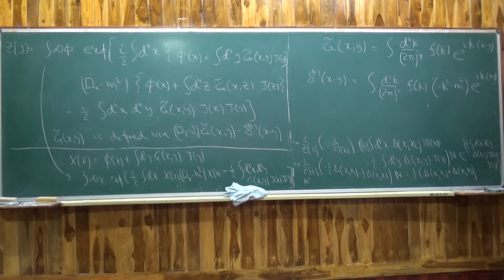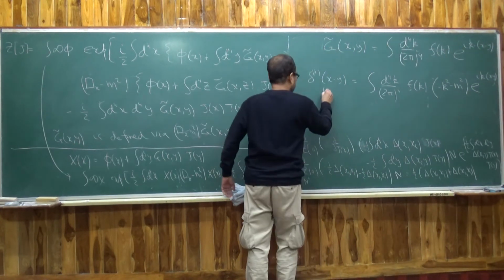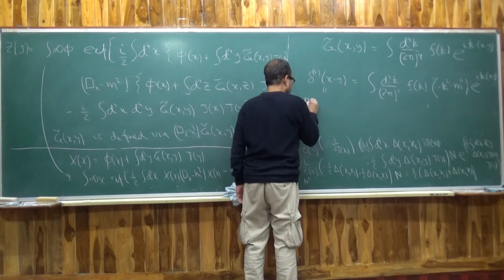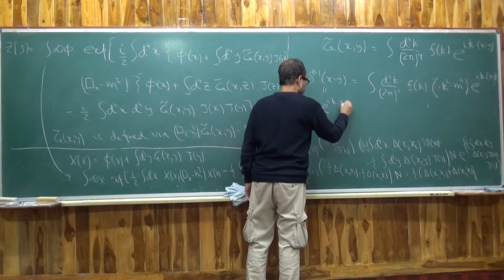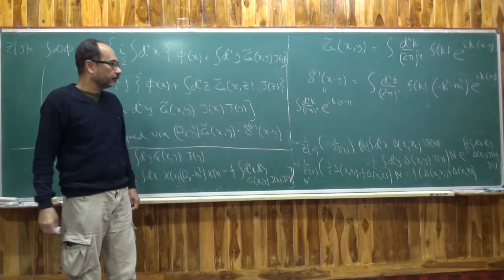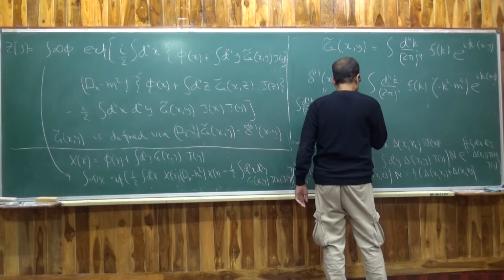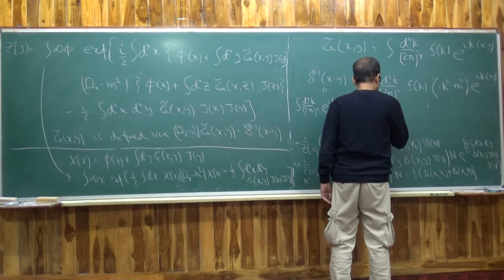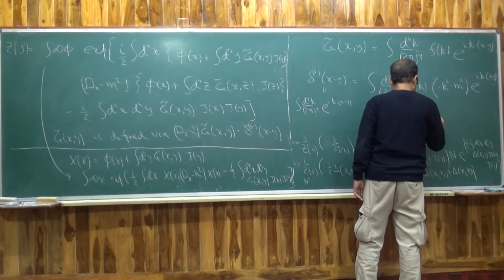Is this okay? But of course the delta function has a representation which is integral d4k over (2 pi)^4 e to the i k dot x minus y. So if you take the inverse Fourier transform on both sides, you basically get f of k as 1 over minus k square minus m square.